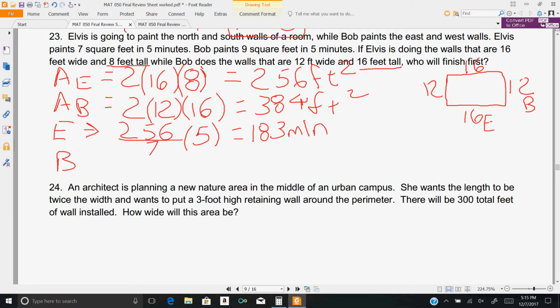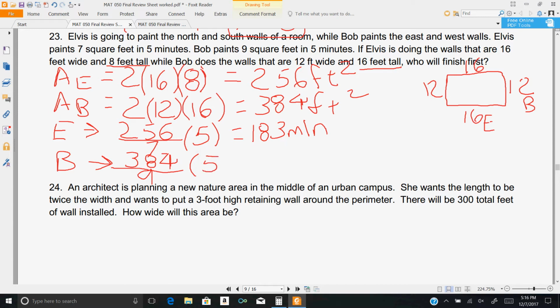And for Bob, he needs to paint 384 square feet. But he can do 9 square feet, so I need to know how many 9s there are in 384.